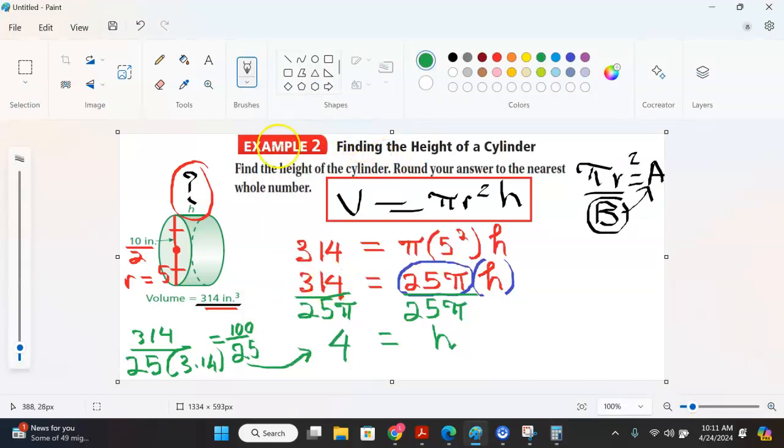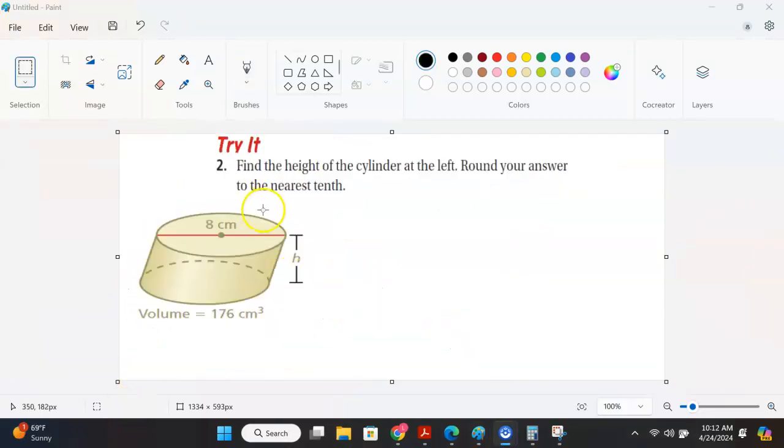And that is today's lesson on how to apply the volume formula when they give you the volume and ask you to find either the height or the radius. For classwork, you're going to complete this in your notebook, and by the end of class you can take a picture of it and submit it on Google Classroom.